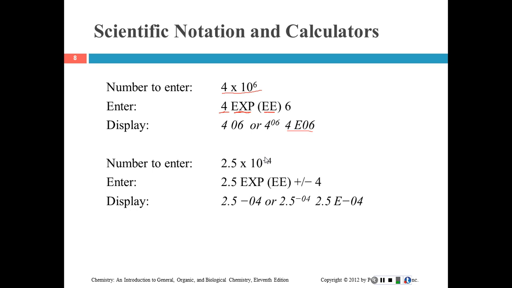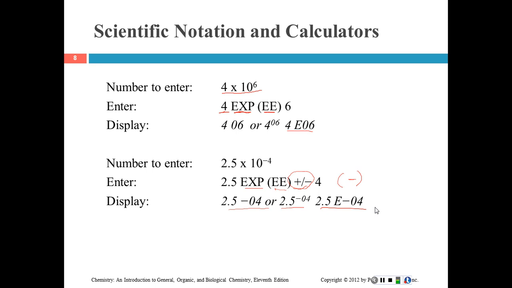If it's a minus exponent, you do the same thing, except after your EXP or your EE, there's a key that'll either say plus minus. Mine actually has one that does this, so I can make it a minus if I need to, and then the number, and then you'll get the same kind of readout like we saw before.